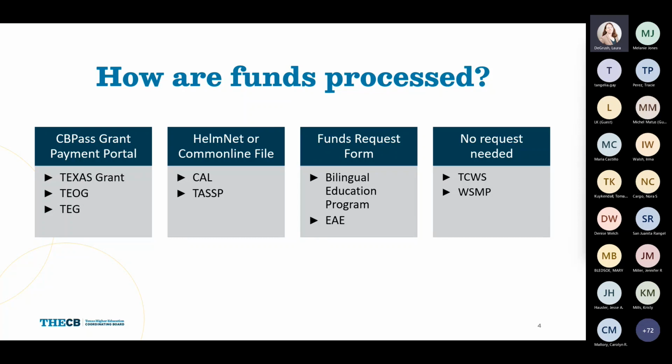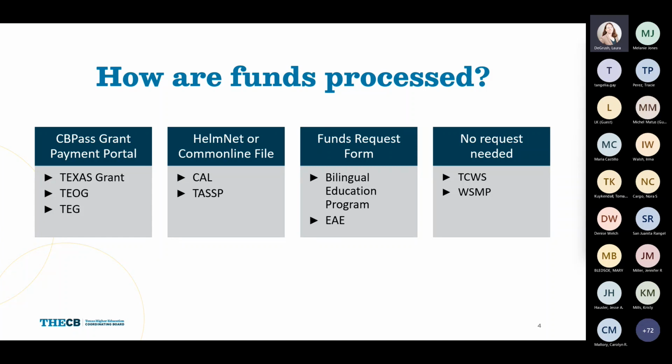When you use the grant payment portal, funds can be processed through this portal for state financial aid grants. You can manage the Texas Grant, the Texas Educational Opportunity Grant, and the Tuition Equalization Grant, depending on your school and the programs you participate in.